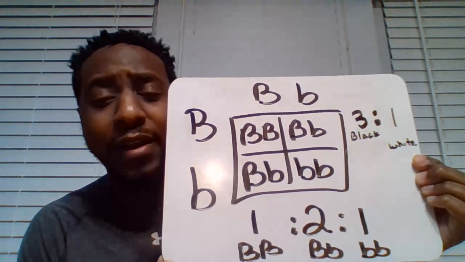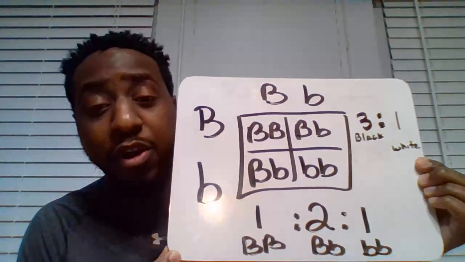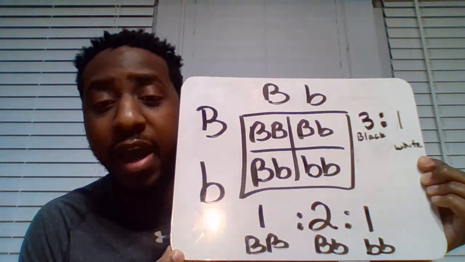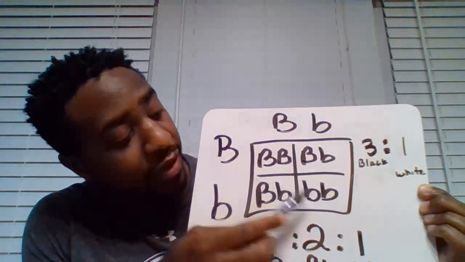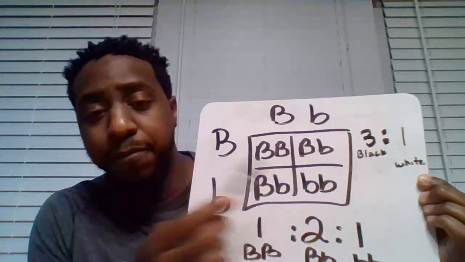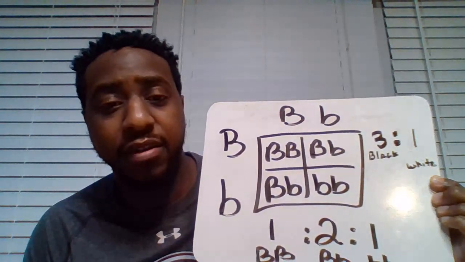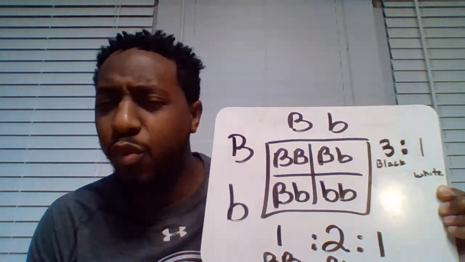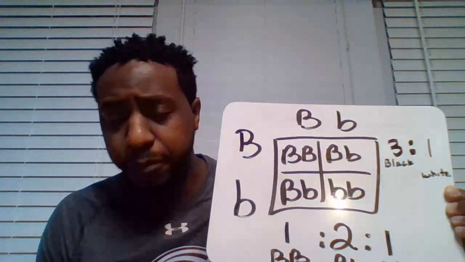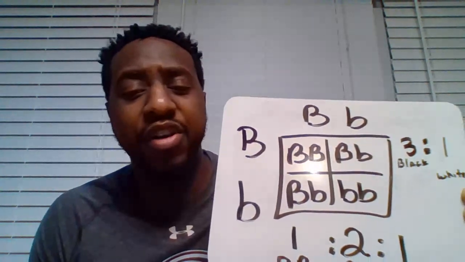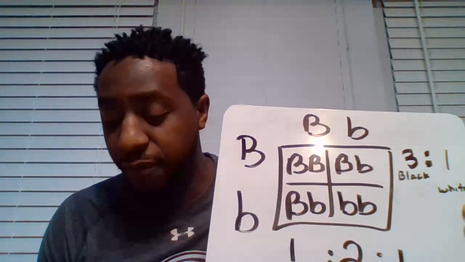You could look at it as I have 25% being homozygous dominant, 25% being homozygous recessive, leaving me with 50% to be heterozygous. Okay? So when working with Punnett Squares, sometimes you might use ratios, sometimes you might use percentages, but it's all about probability and trying to predict what the offspring will be.